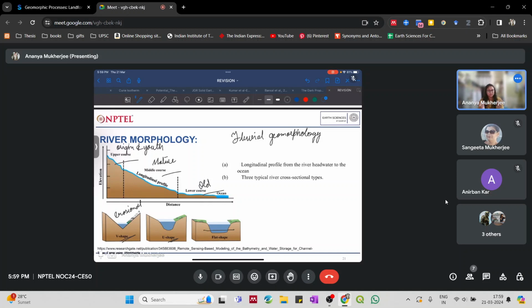The depth is maintained as seen in the U shape, but the width is much more compared to the depth. And it's not just the width of the channel; the entire banks of the rivers also span laterally across for many kilometers.